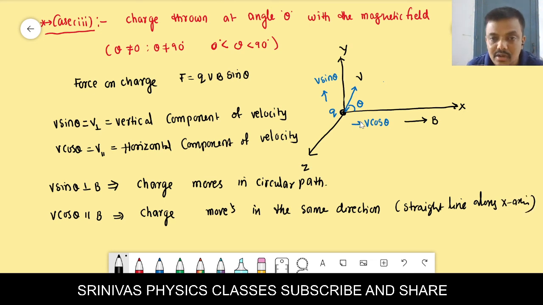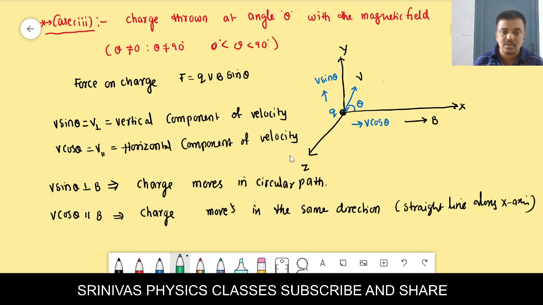What will V cos theta do? V cos theta makes the charge move to the right side because V cos theta is parallel to the field. What will V sin theta do? V sin theta is perpendicular to the field. It makes the charge rotate. V sin theta is the velocity component that makes the charge move in a circular path. V cos theta is the component of velocity that makes the charge move along the x-axis.